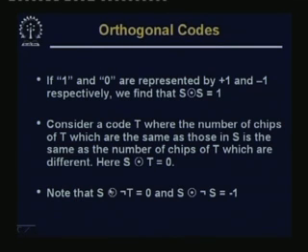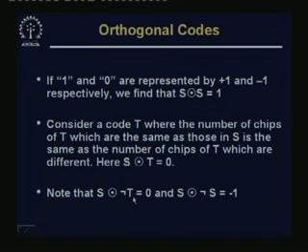Note that not of T is just the complement of T, that means the ones and zeros, which you remember are represented as ones and minus ones, are flipped. Naturally the number of chips which are different becomes the number of chips which are the same, and vice versa, but their numbers are equal.